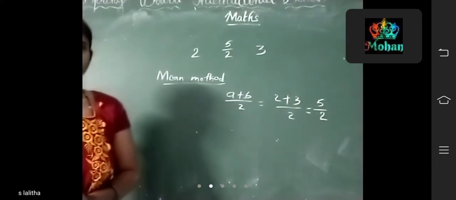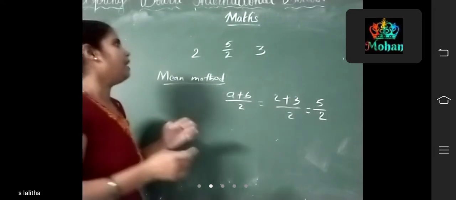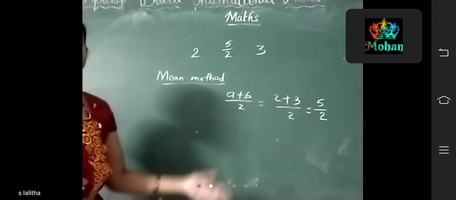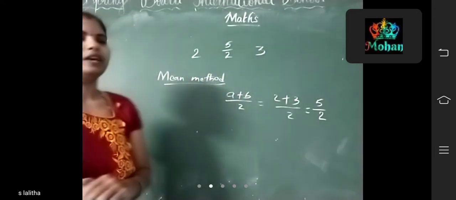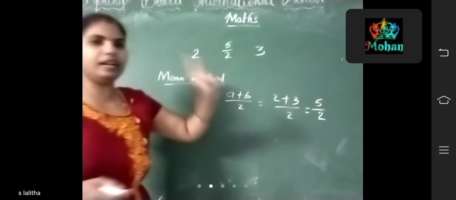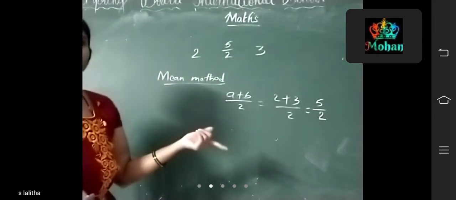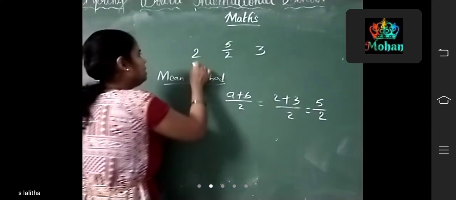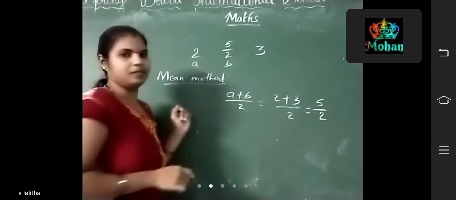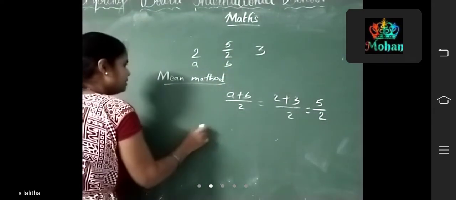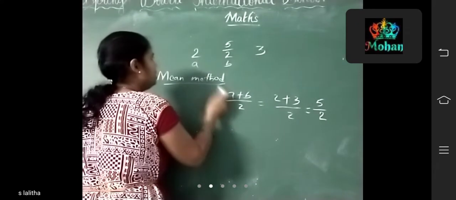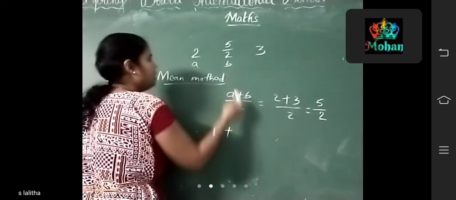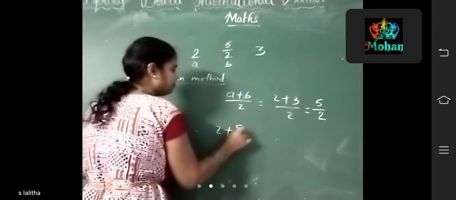Okay. Again, they are asking to find two rational numbers in between two rational numbers. Here we are finding only one rational number. Another rational number, how to find? You have to take this one as A, this one as B. Same formula, (A plus B) by 2. A means how much? 2. B means how much? 5 by 2.